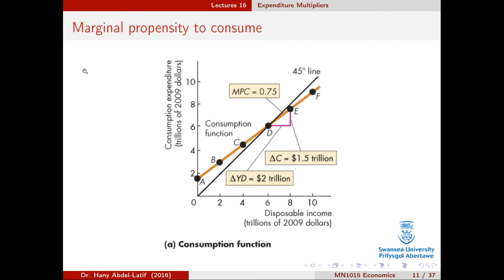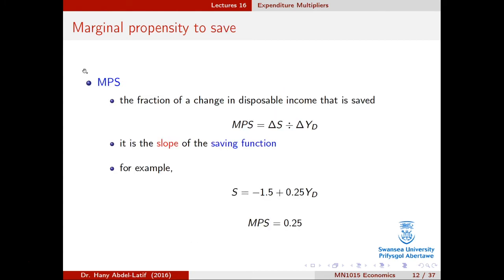In a similar way, we can think of savings, because going back to the same example, when your income is increased by £100, if you spend 80, that means you save 20. So if your marginal propensity to consume is 80%, the marginal propensity to save must be 20%.